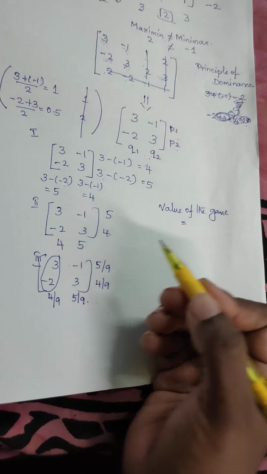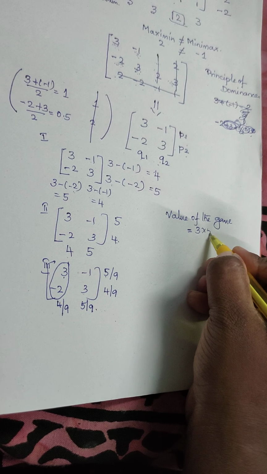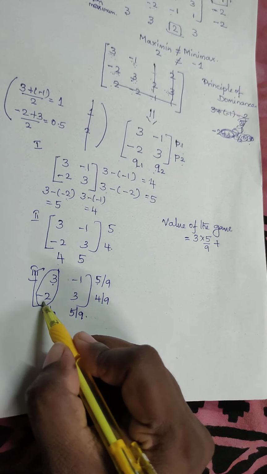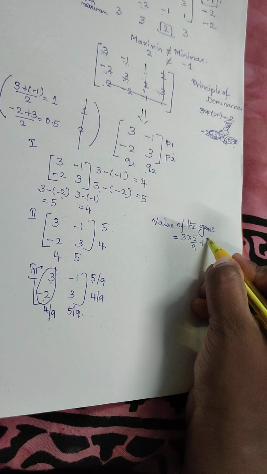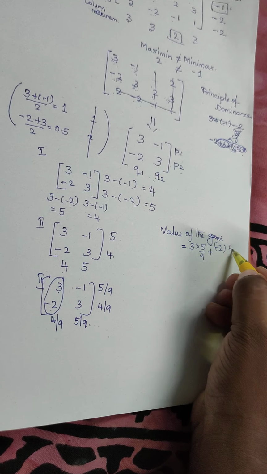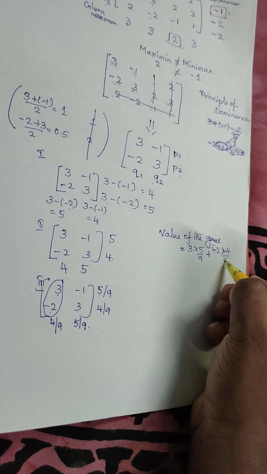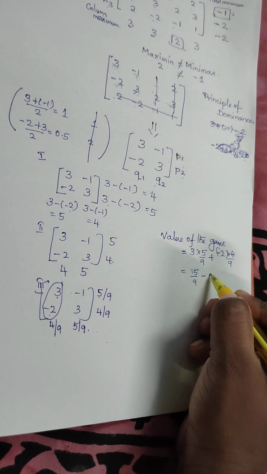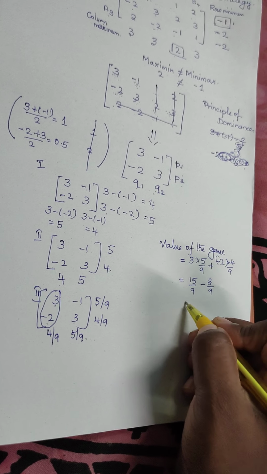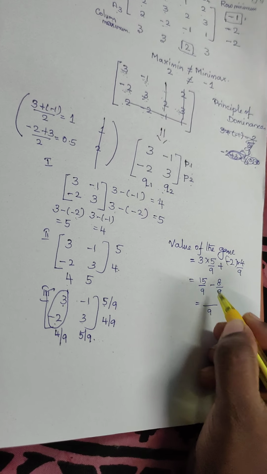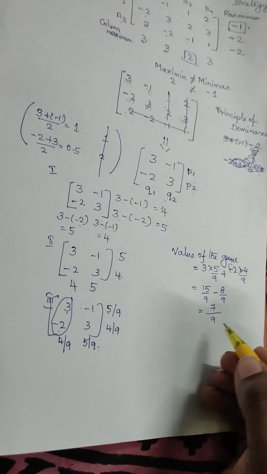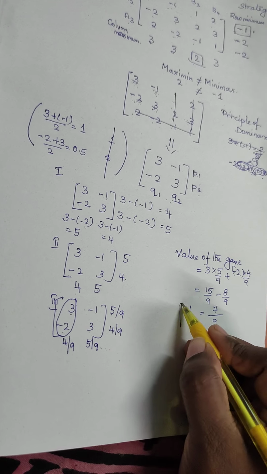So what I do is 3 into 5 by 9 plus minus 2 into 4 by 9. So I have 15 by 9 minus 8 by 9. It's a common divisor, 9, subtract it, and you get 7 by 9. So this is my V value.